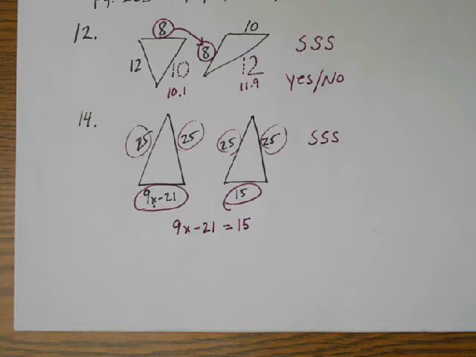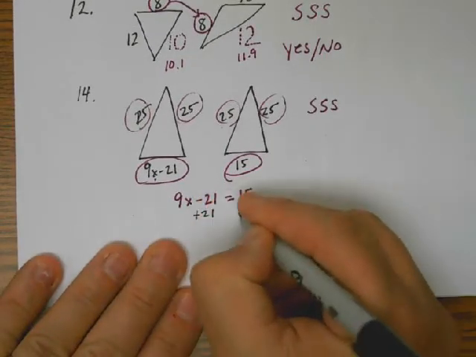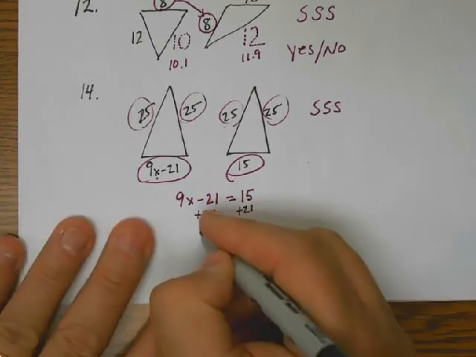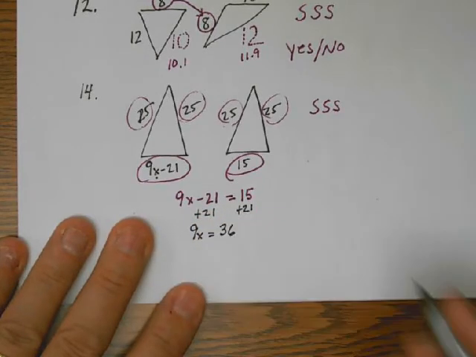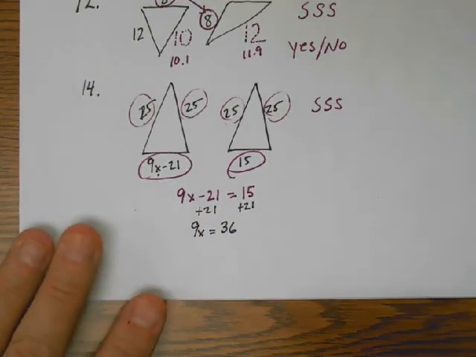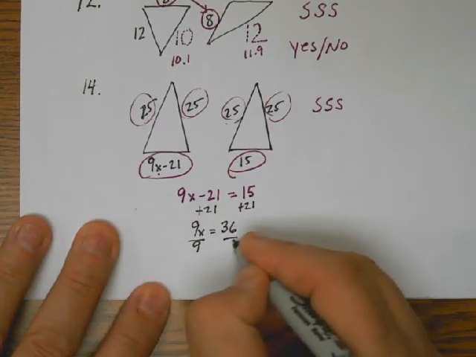All right, so let's solve this. You can do it at your seats. I'm going to do it up here. Let's solve this equation. I have to undo whatever they're doing to my variable. The first thing I'm going to do is add 21. Now I have 9x, and that's equal to 36. The next thing I'm going to do to solve for x then is divide by 9.